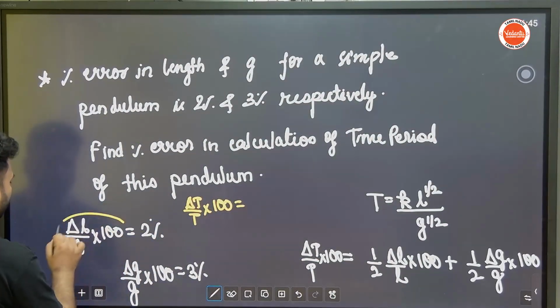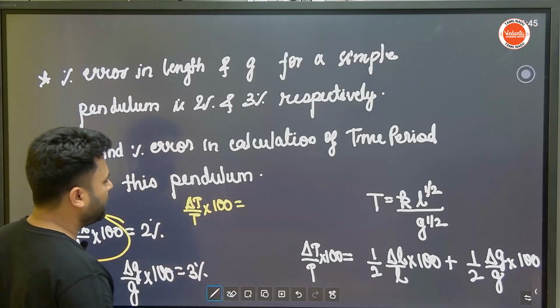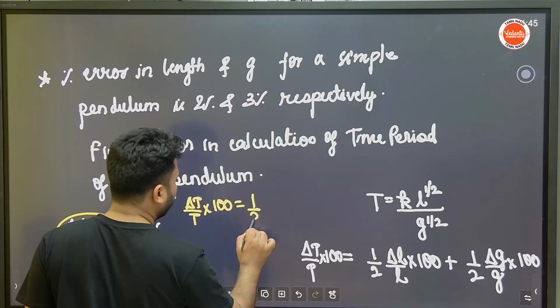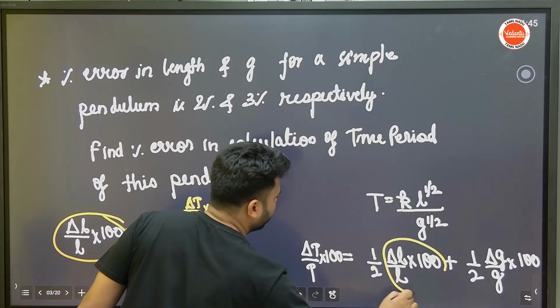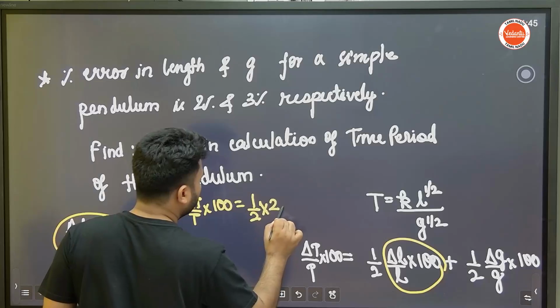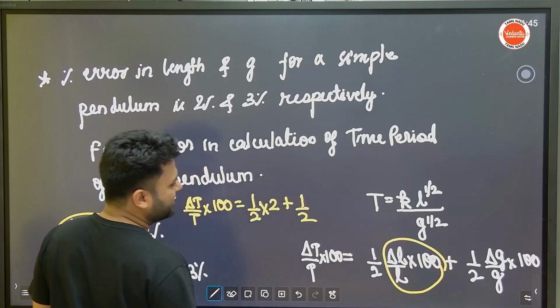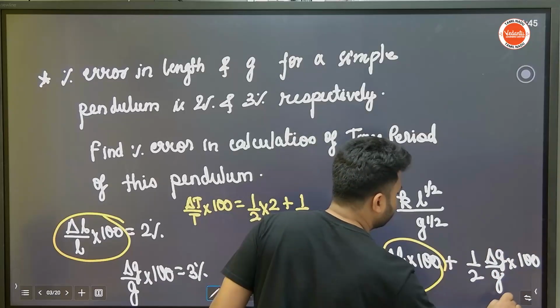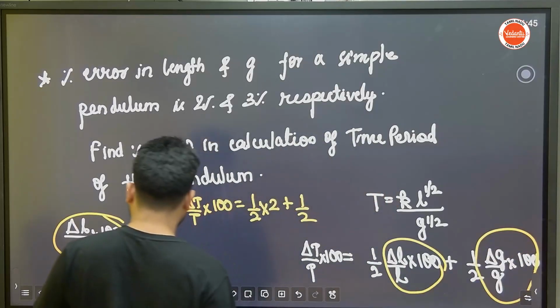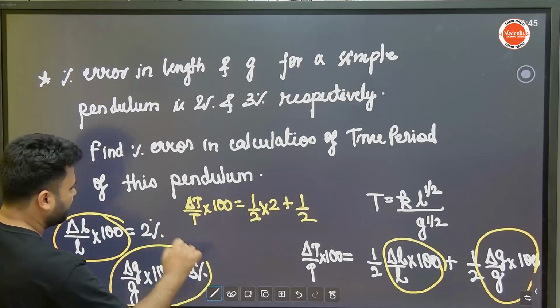Delta L by L into 100 is 2%, so we can write half into 2, plus half, again half, delta G by G into 100. Delta G by G into 100 is given as 3.